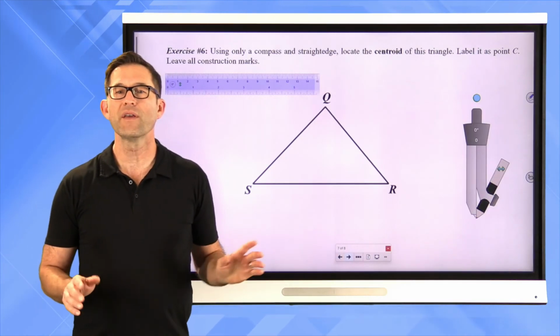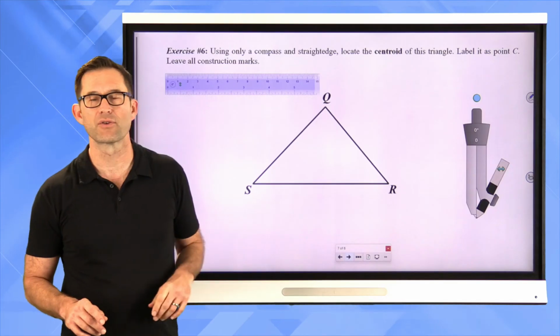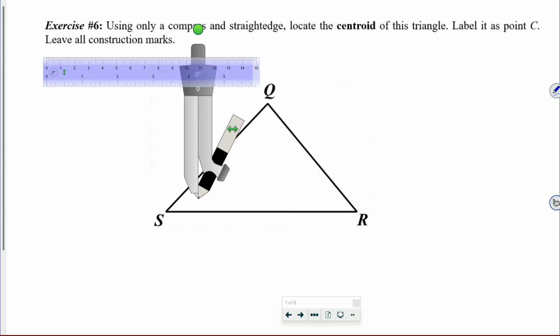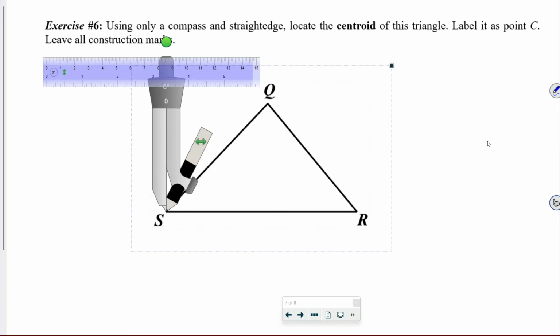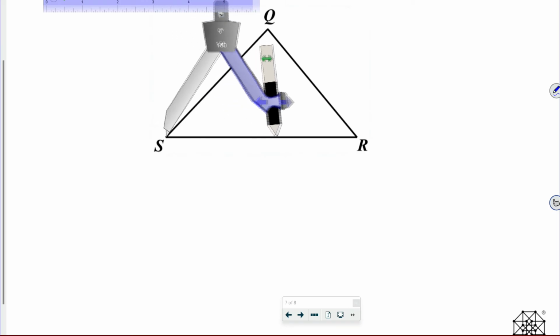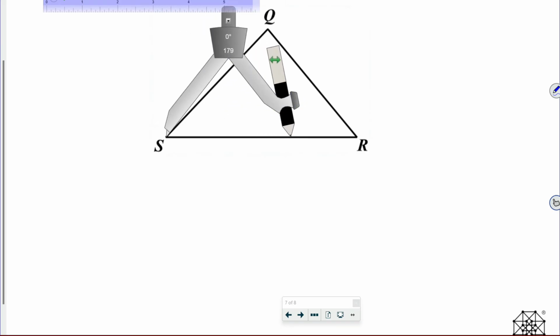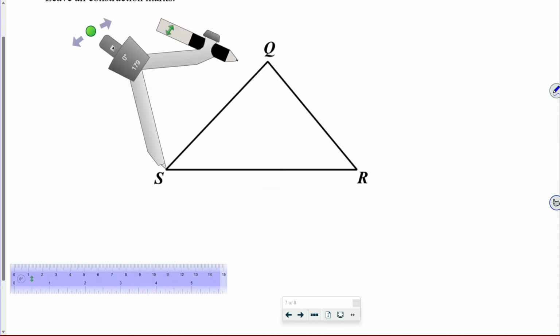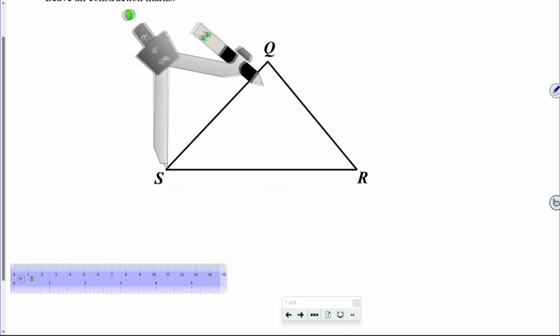Well, I think constructing the perpendicular bisector of SR makes a lot of sense because it's nice and long and it's horizontal and all that kind of stuff. So I'm going to first do that one. Maybe move my ruler out of the way for the time being. Get a nice arc up here.